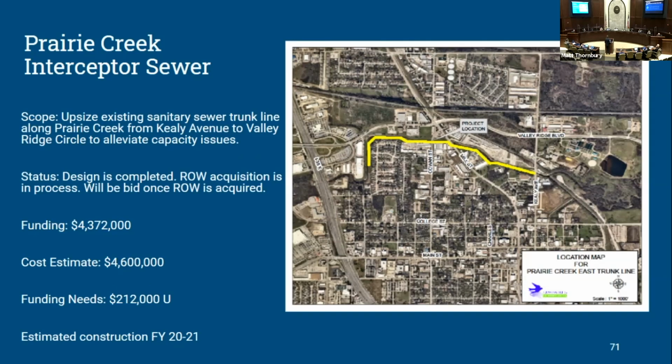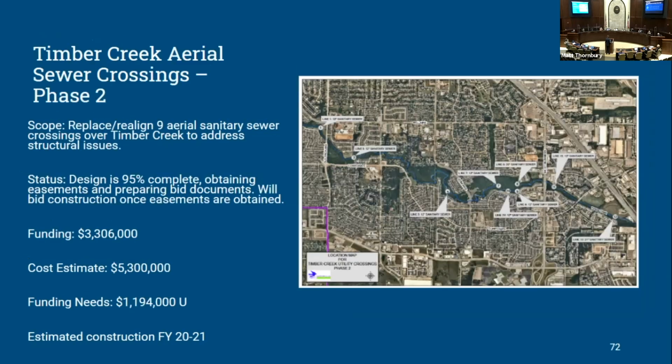Prairie Creek Interceptor Sewer: you may recall a few meetings ago, we did our resolution that allows us to start obtaining easements and right-of-way for this project. The design is all but completed, and we're in the middle of obtaining right-of-way. We're a little bit short on the funding on this project, about $200,000.